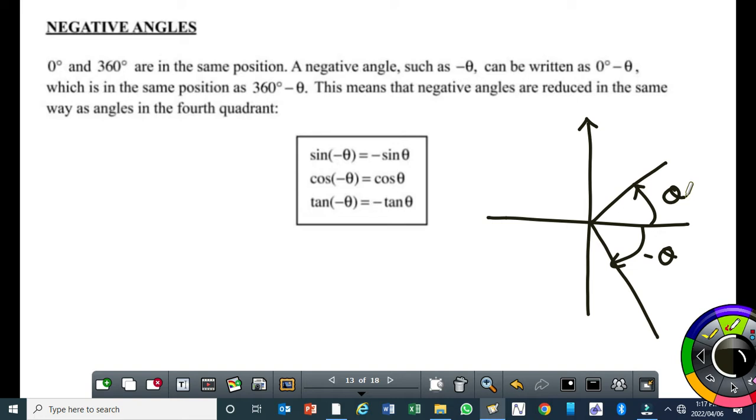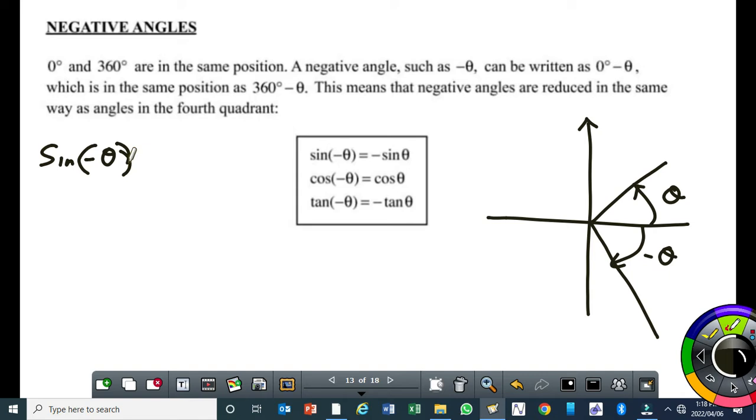Now, all negative angles can be converted to positive angles that are acute. Therefore, if you are given sine of minus theta, let's take it to the basics and simplify that. We can rewrite it as a positive angle by adding 360 to that minus theta.